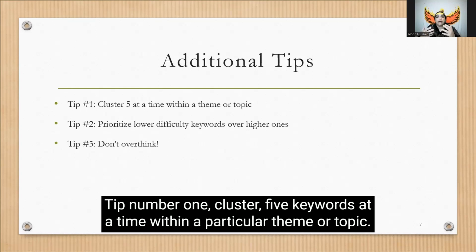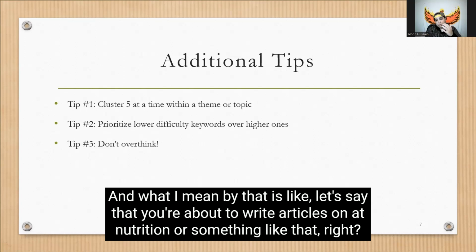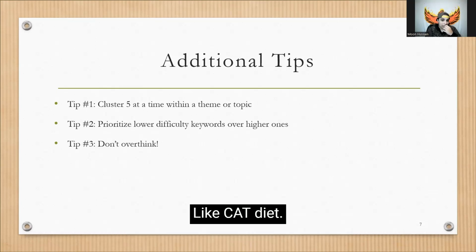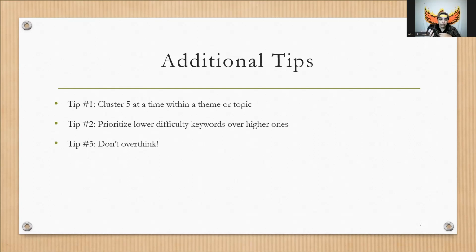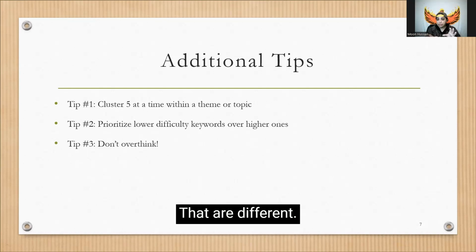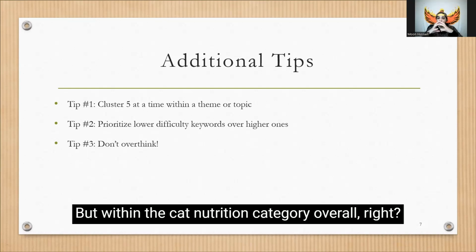Tip number 1, cluster 5 keywords at a time within a particular theme or topic. Let's say you're about to write articles on cat nutrition, like cat diet. Maybe you can select 5 keywords that are different enough, but within the cat nutrition category overall.